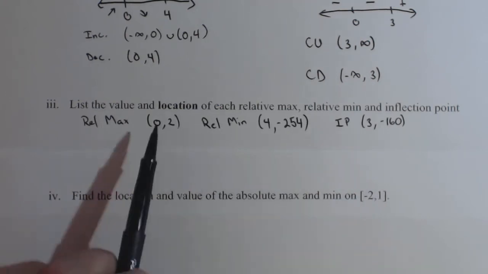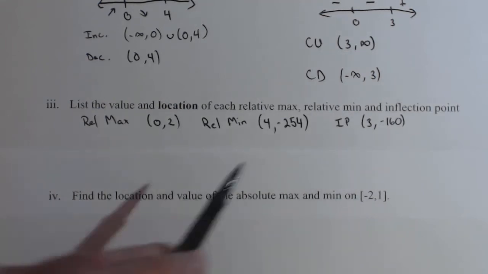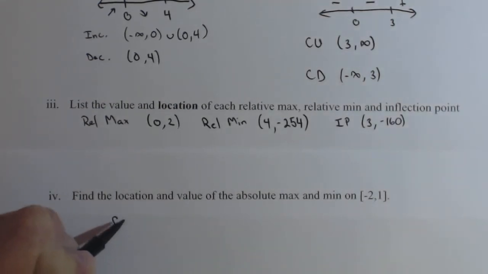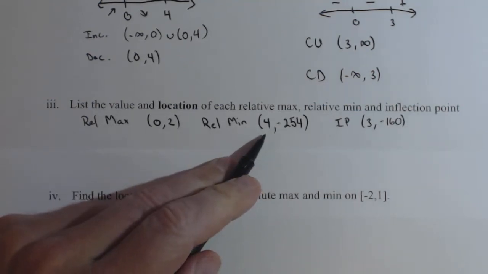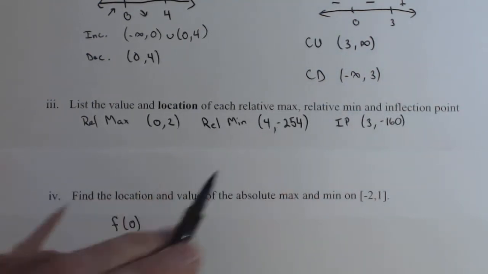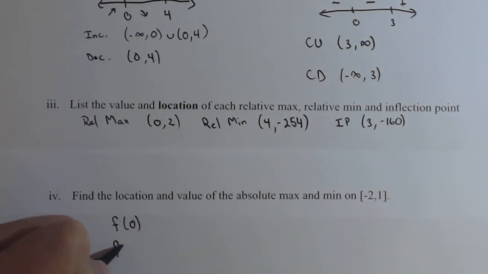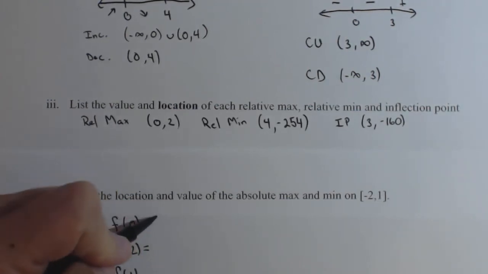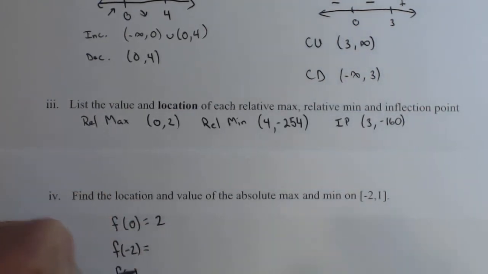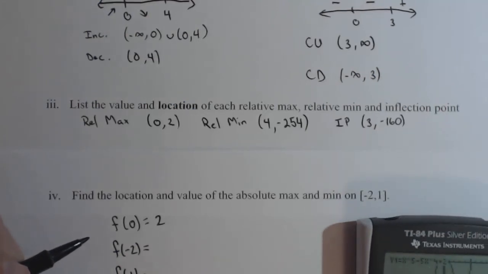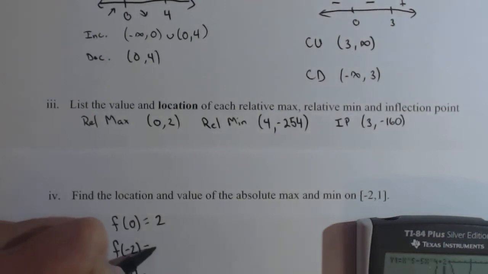Now, only one of our critical points is in this interval, so we only need to check f of 0. 4 is not in our interval, so we do not need to worry about that point. We need f of negative 2 and f of 1. And f of 0 has already been calculated: it was 2. F of negative 2, again, we can use the calculator here just to save a little time: negative 110.